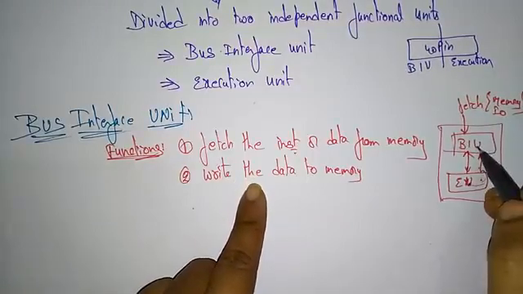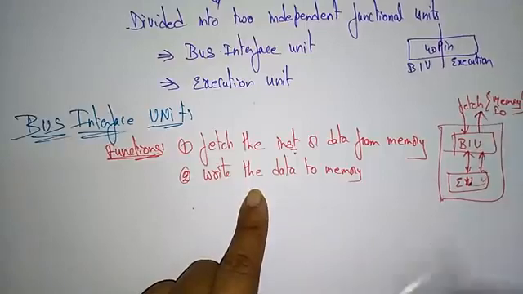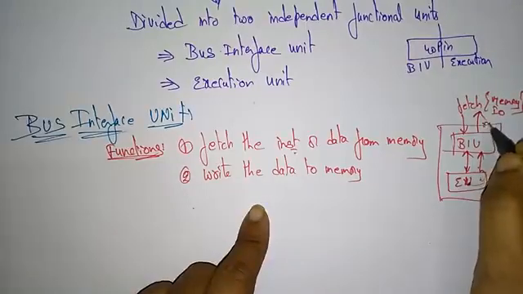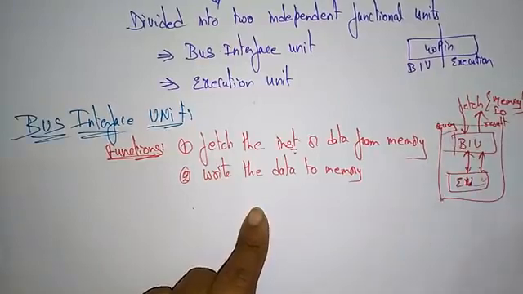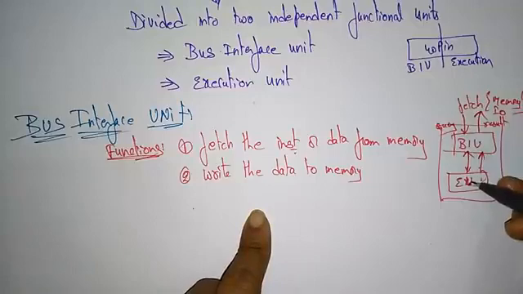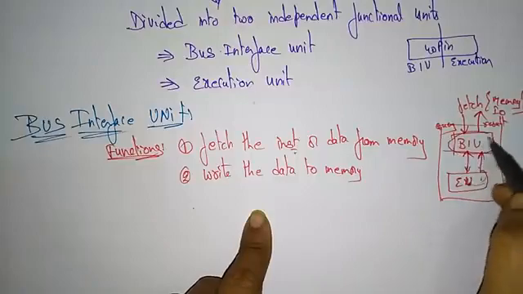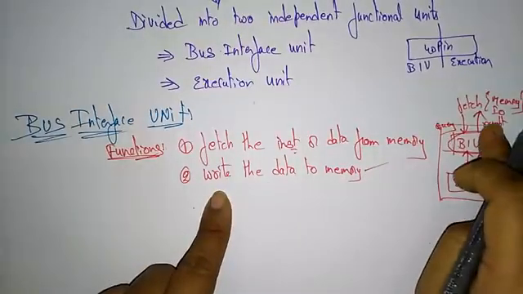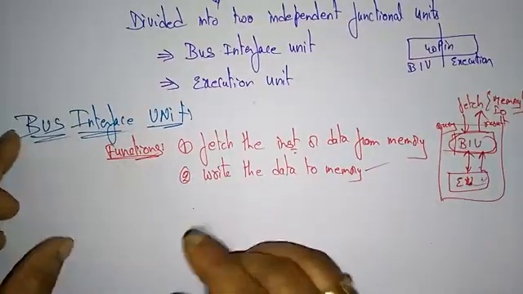Then the bus interface unit writes the data to memory. This is a result, this is a query. After performing the operation, the execution unit sends that information to the bus interface unit, and the role of the bus interface unit is to write the data to memory. It fetches the data, and at the same time it writes the data to memory.